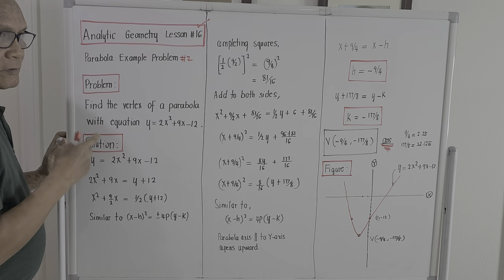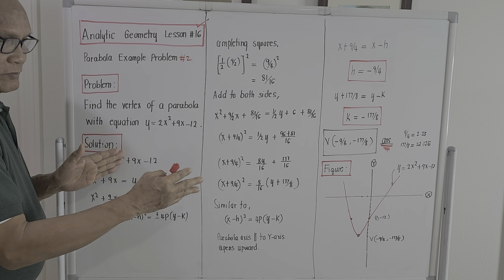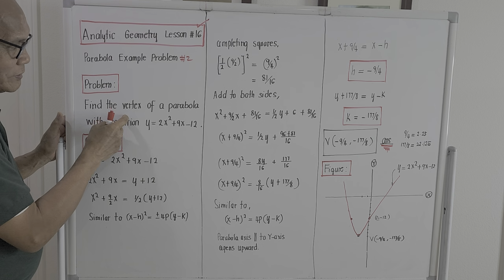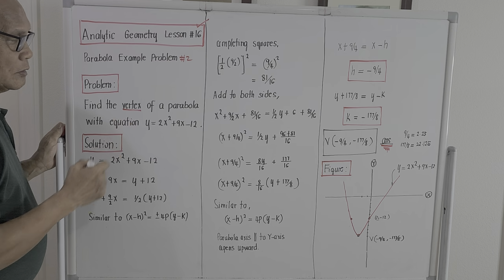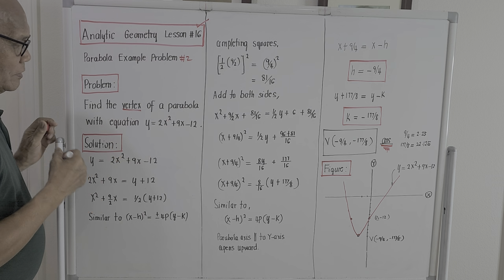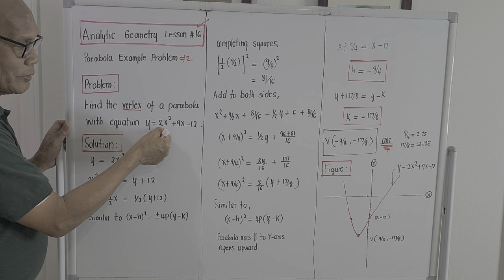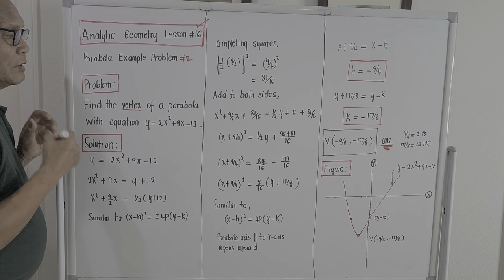Problem. Okay, I will try to read the problem. The problem is just what I call this, not too long. Find the vertex of a parabola with equation y equal to 2x squared plus 9x minus 12.